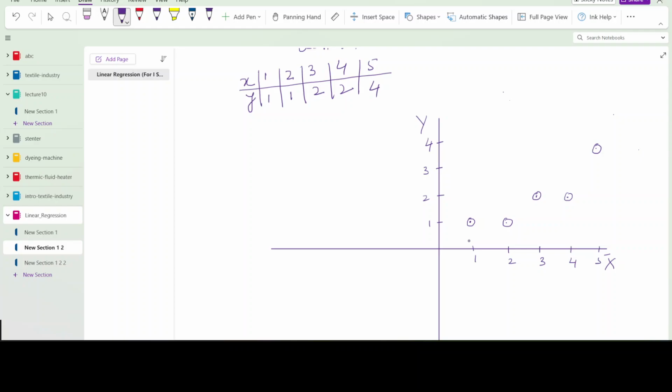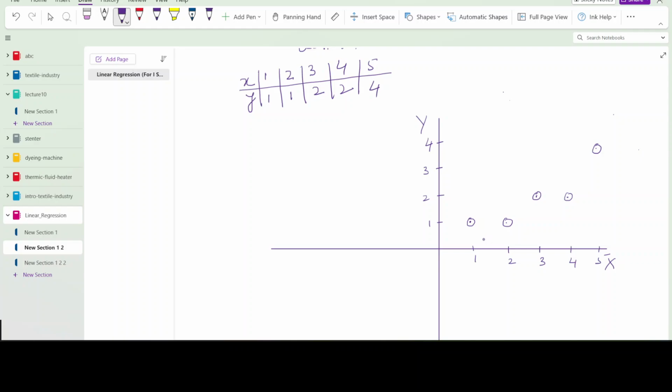In such a situation, we will have to find the best fit of the line.